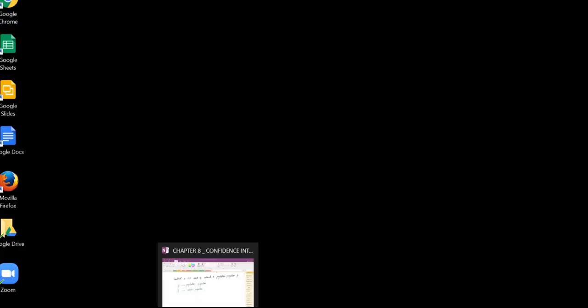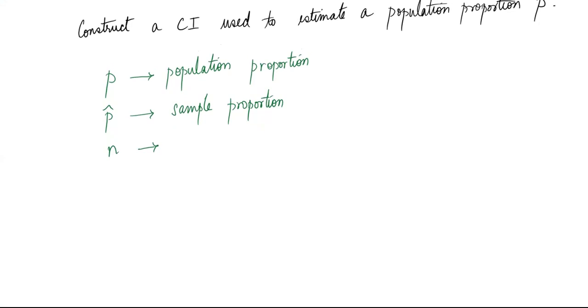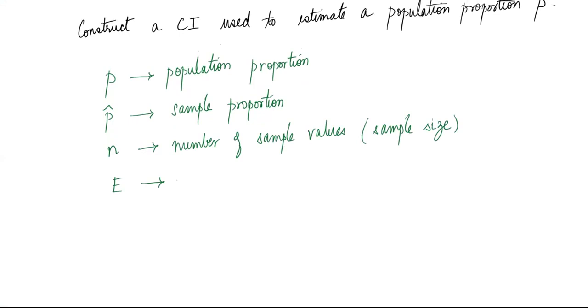N, small n, is all about the sample, right? We don't know the information of the population. So small n will be the number of sample values, or the sample size. And E or ME is called the margin of error.